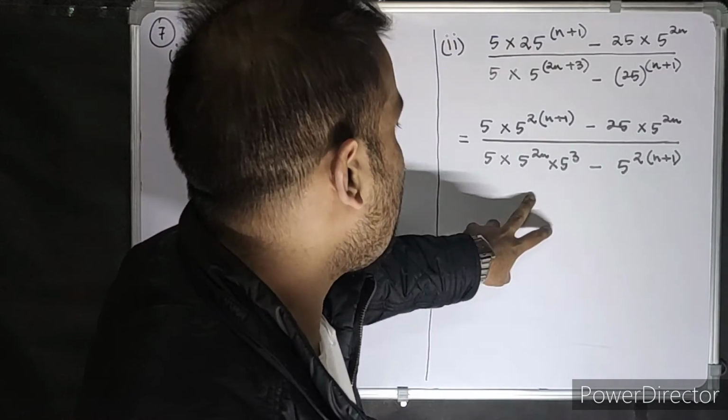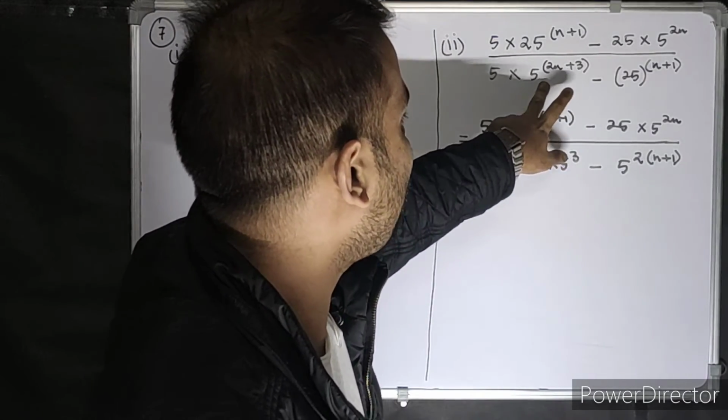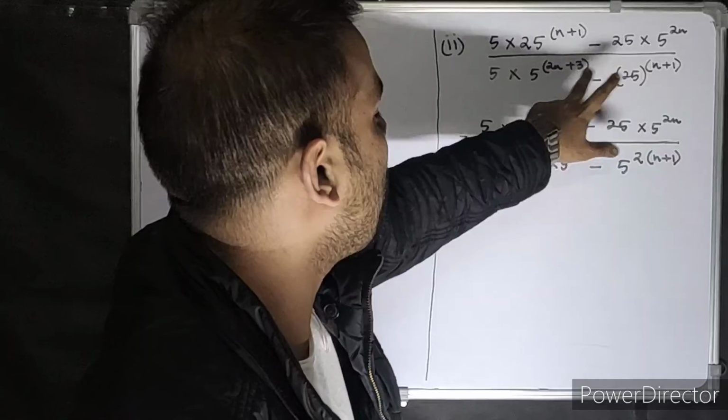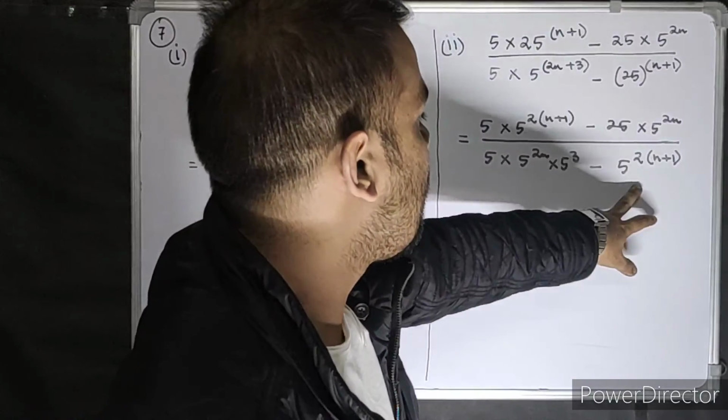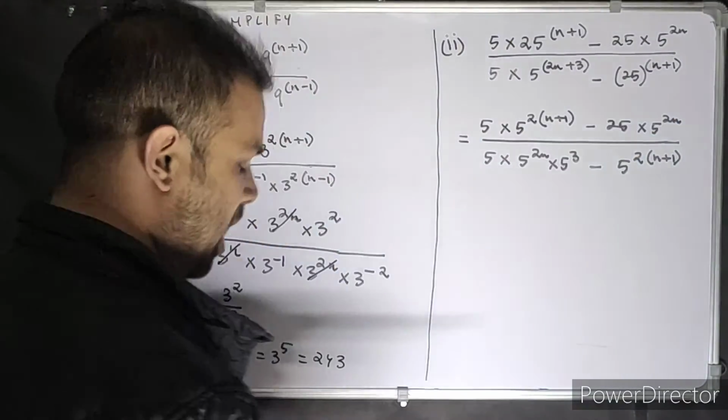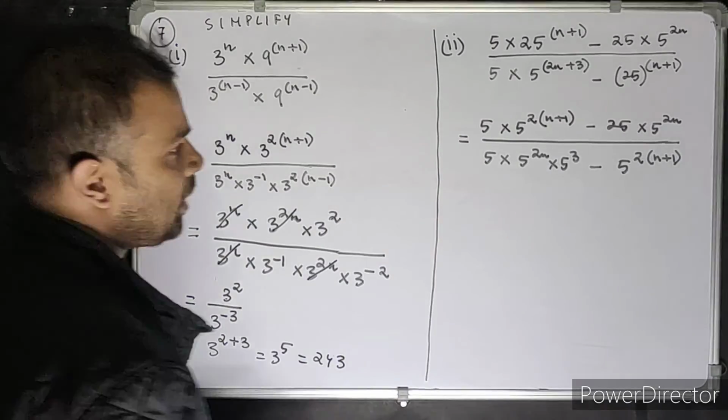Over here I changed it: I split it up, 5 to the power 2n into 5 to the power 3. Over here again I changed that to 5 to the power 2. Hope you all have understood. Very simple actually.